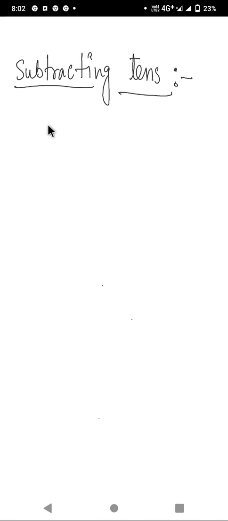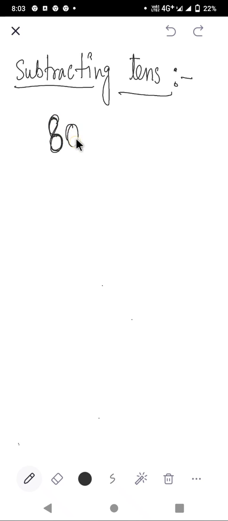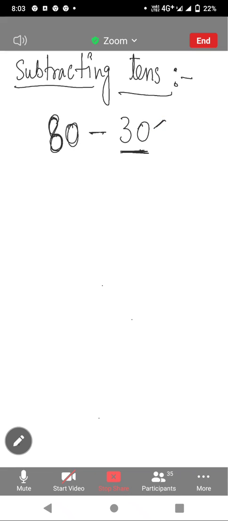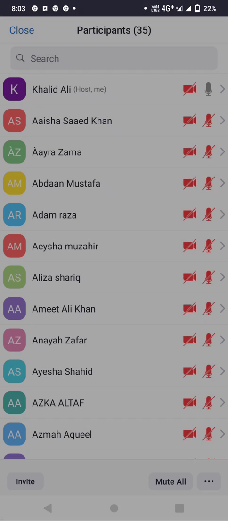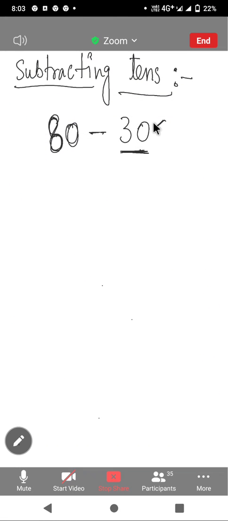Let's say we have 80, okay, and we need to subtract 30 from it. Okay, 80 minus 30. So what will be the answer? So these are tens, na students. How many tens are there in 30?